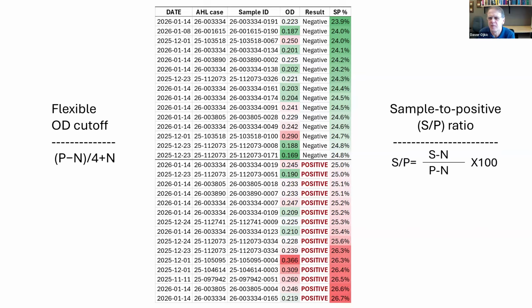I didn't realize that before, but then it hit me that that's exactly what they do with the Hyphen Biomed ELITest, because they normalize the OD and divide it by 4, which is 0.25, which if I multiply by 100 is 25%.